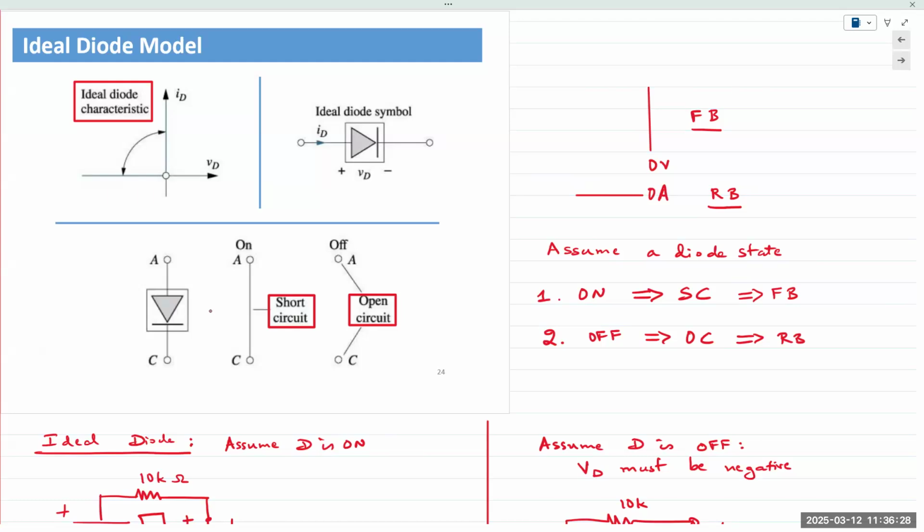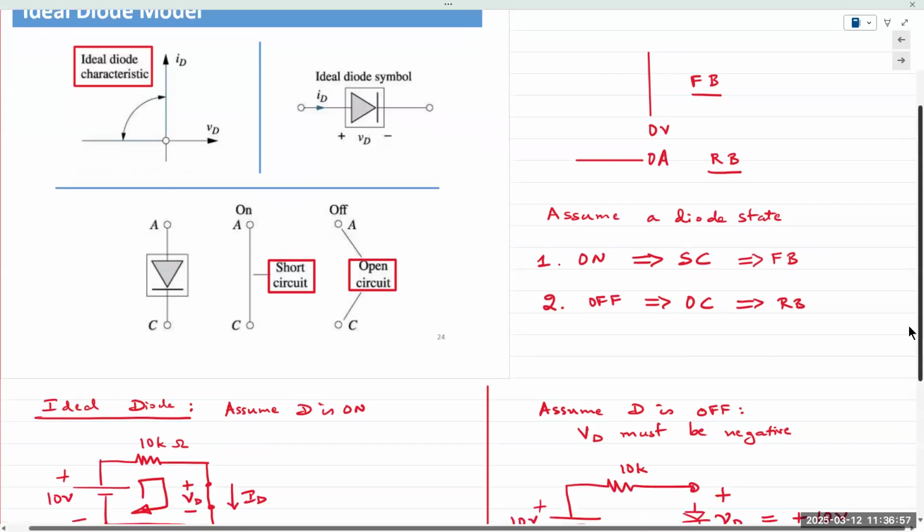In a constant voltage drop, you replace the diode with a constant voltage source, 0.7 volts. The problem will specify either 0.6 or 0.7. Whether it's germanium, silicon, or any kind of diode, if nothing is specified in a problem, you make an assumption and then solve the circuit that way.